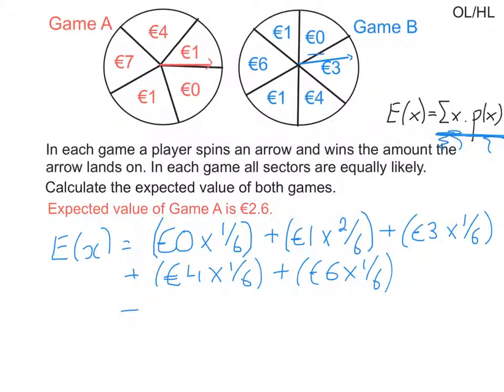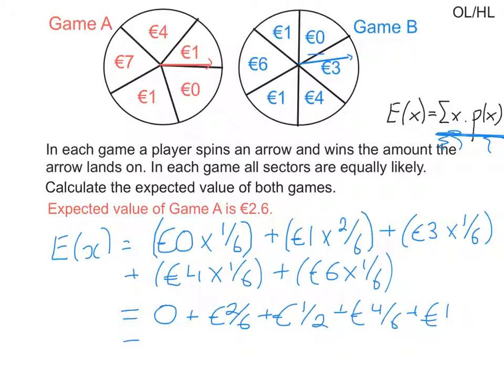Adding this up, we'll get 0 by a sixth is 0, plus €1 by 2/6 is 2/6 of a euro, plus €3 by a sixth is half a euro, and so on. Summing this up, we will get our expected value equal to 2.5 for game B.